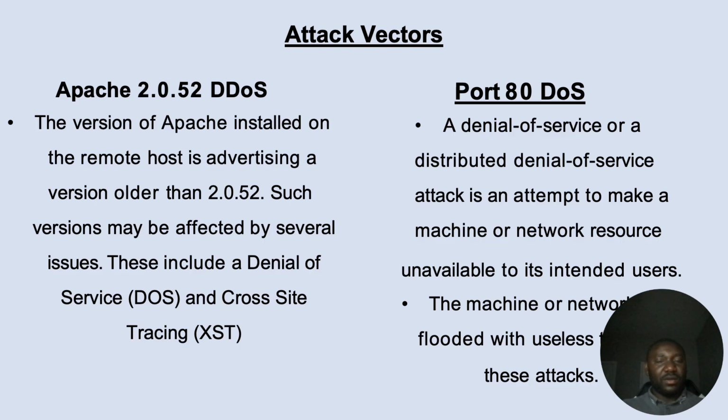The version of Apache that we installed on the remote host is advertising a version older than 2.0.52. This type of version may be affected by several issues, such as DoS and cross-site scripting.